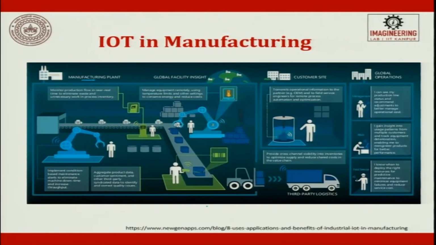In preventive maintenance, many times they used to replace oil even when the oil condition was very good. They replace tools even when the tool status is very good, but still they throw them because they have set a hard bound limit. Then aggregate production, customer sentiment and other third party data.